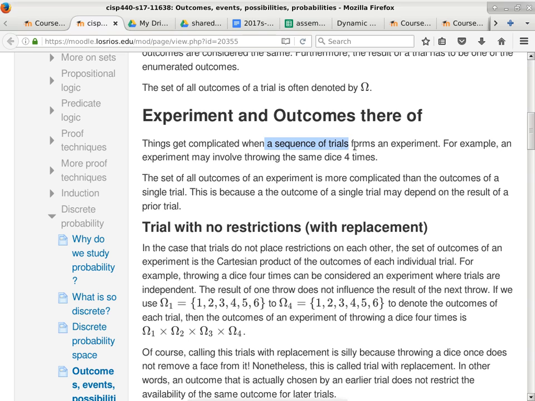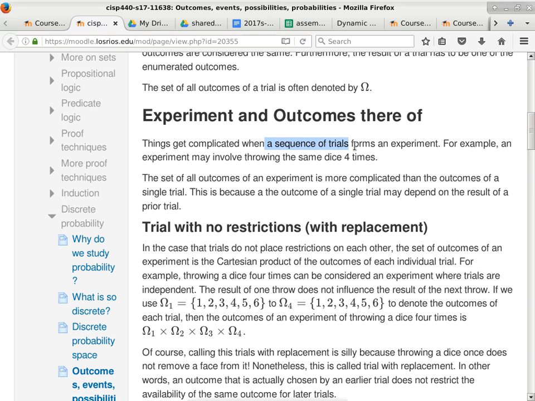So when you look at it graphically, a single trial is going to fill up one single space, and the outcomes are basically the values that can go into this place. If you throw a dice, then the values 1, 2, 3, 4, 5, 6 can go into this box here. On the other hand, if you throw a dice 3 times, it is now an experiment because it is a sequence of 3 trials.